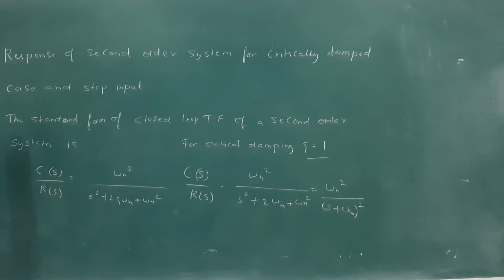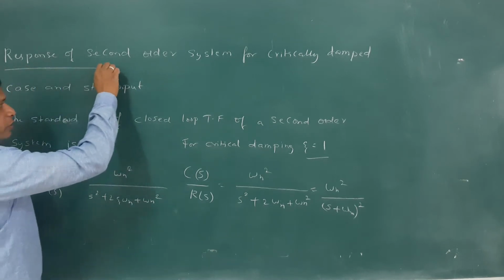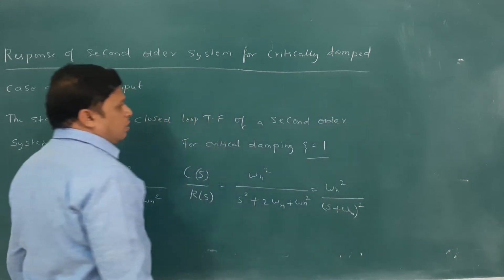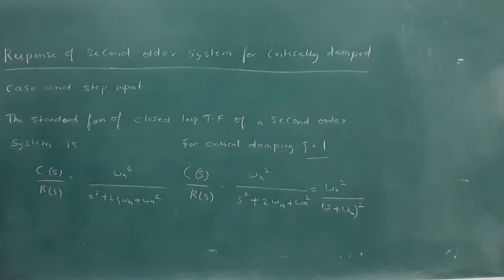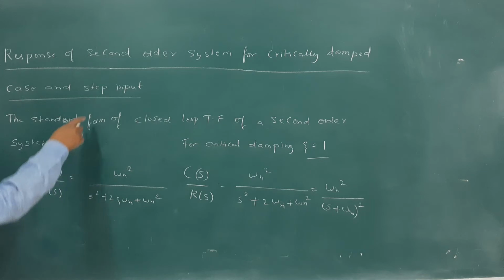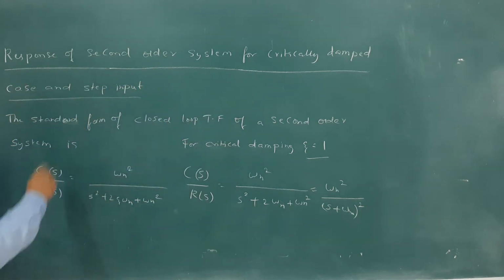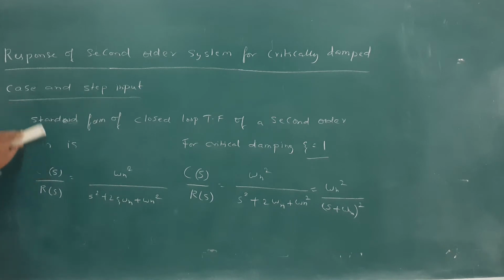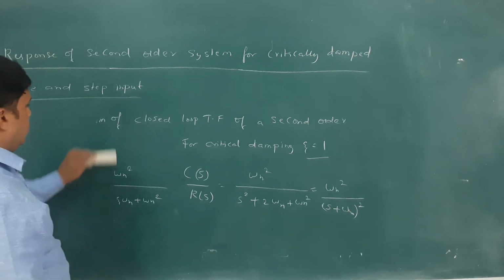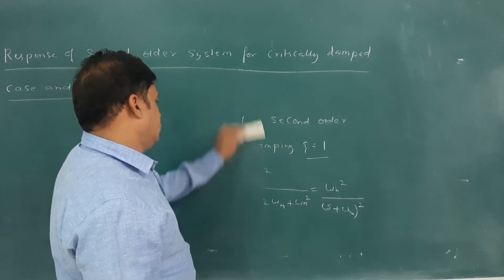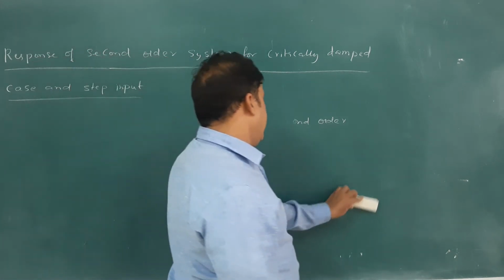When we take the unit step input, then R of t is equal to 1, right? So, we are taking the step input for a second order system for a critically damped case. Step input R of t is equal to 1.